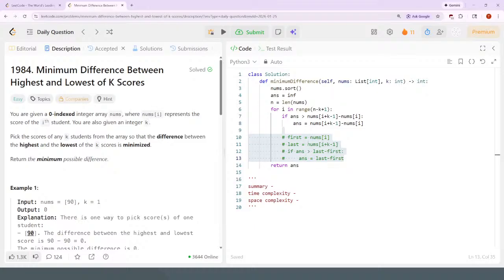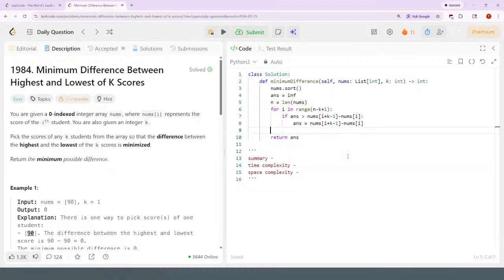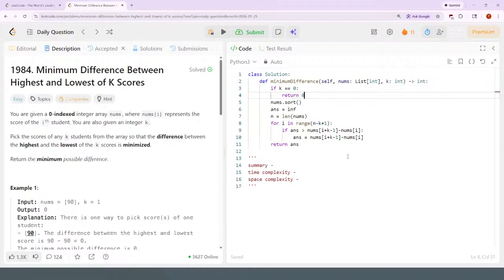I mean, I guess the other thing is it depends on how many times the trivial case occurs. Like if k is 1 or k is 2, then I can handle this. If k equals 0, return 0. No, k can't be 0. If k equals 1, return 0. If k is 2, then I somehow return the smaller minus the bigger.